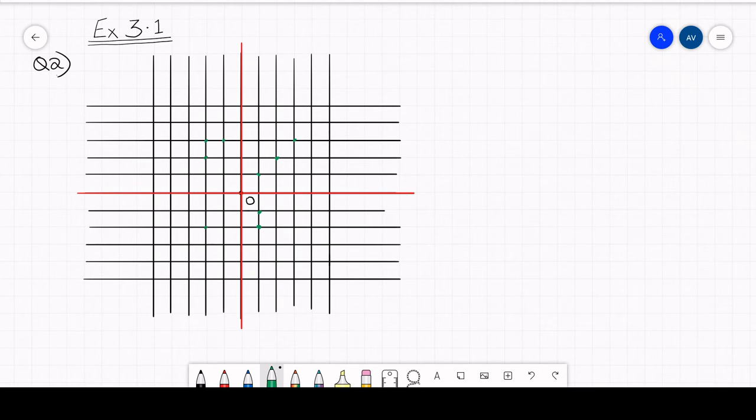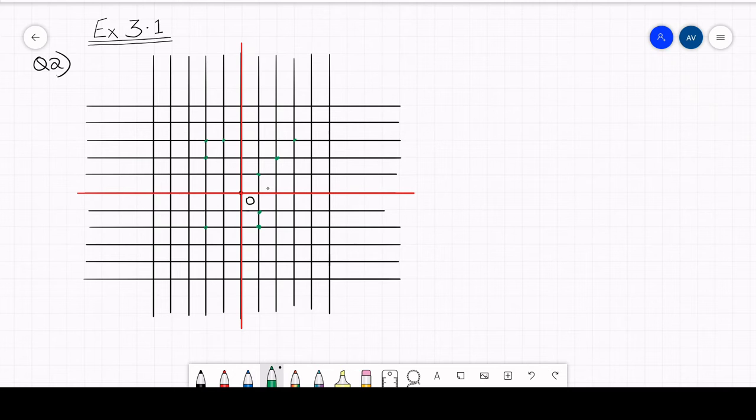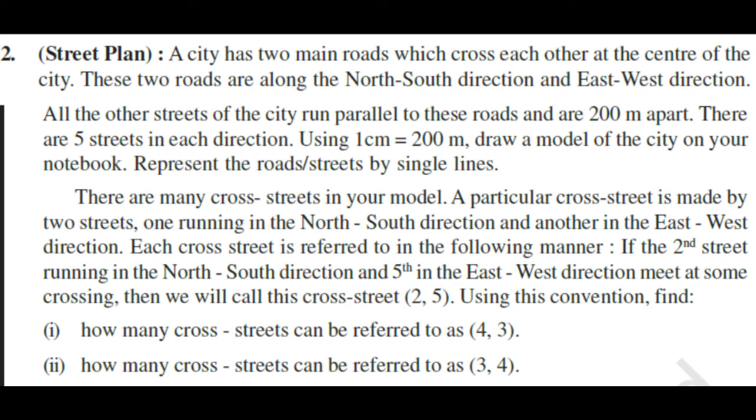And they're saying that each cross street is referred to in the following manner. So the second street running in the north-south direction would be this one right here, and the fifth in the east-west direction.